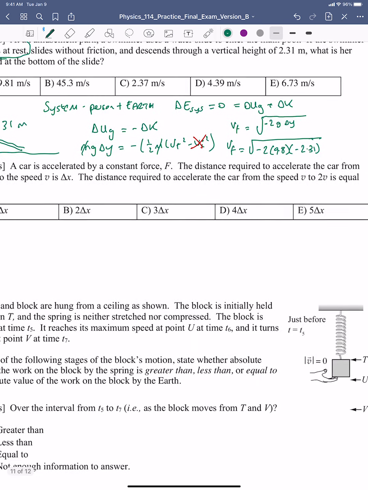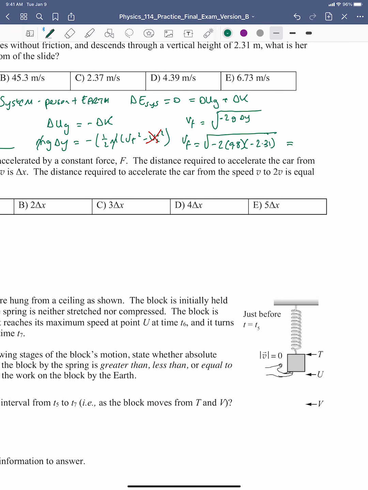That'll give us a positive number underneath the square root sign, and we'll end up with the square root of 2 times 9.8 times 2.31, which is 6.73 meters per second. Okay. And that is choice E.